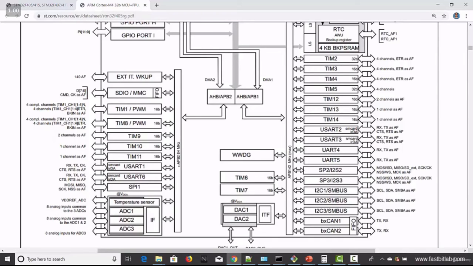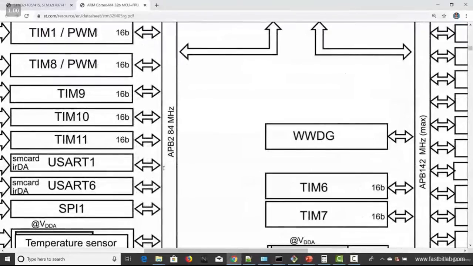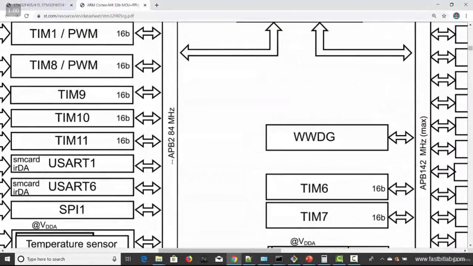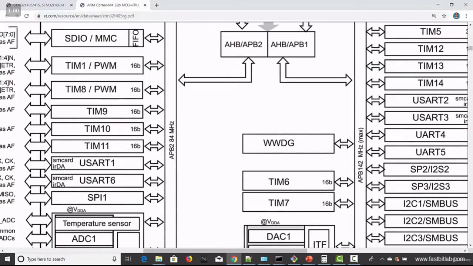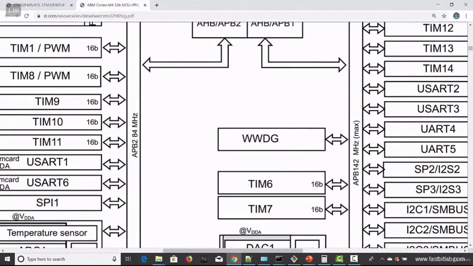Now you can see that there are two APB buses on the microcontroller, this is APB1, and this is APB2. The APB2 can handle speed up to 84 megahertz, and APB1 can handle speed up to 42 megahertz.